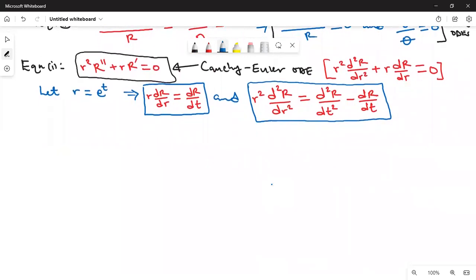Now, when we substitute those derivatives here, what are we going to get? Our ODE should now give us, instead of this derivative, d squared R dt squared minus dR dt.